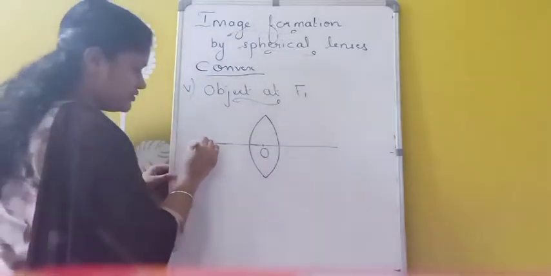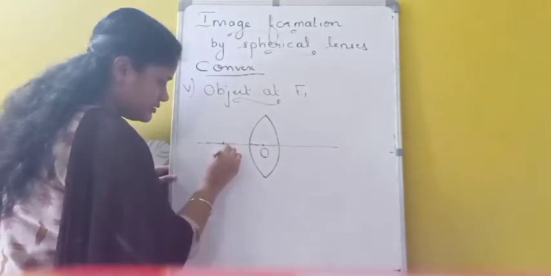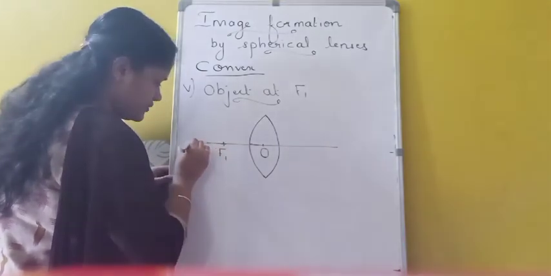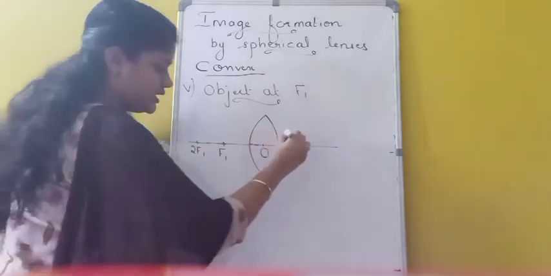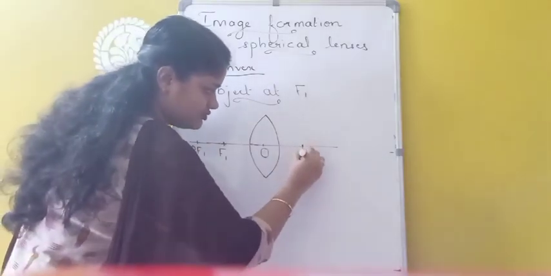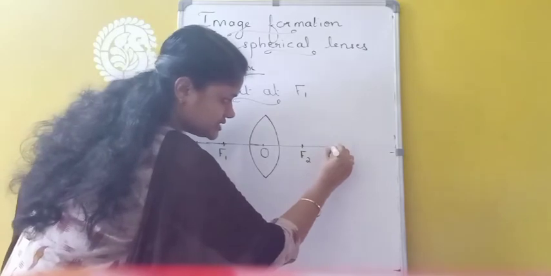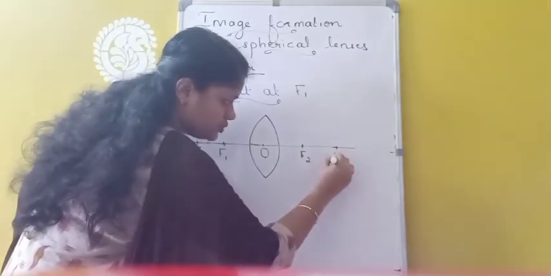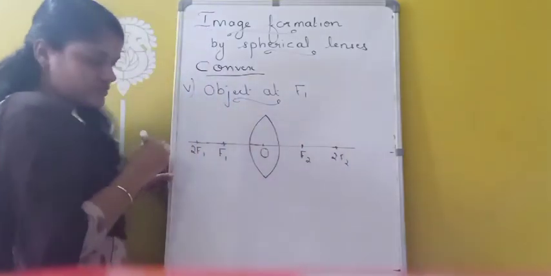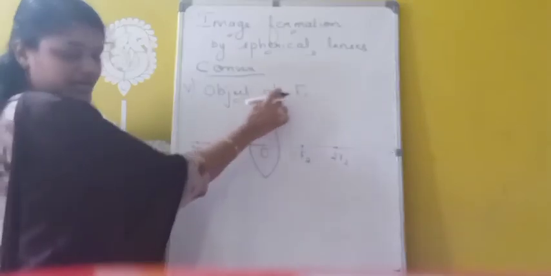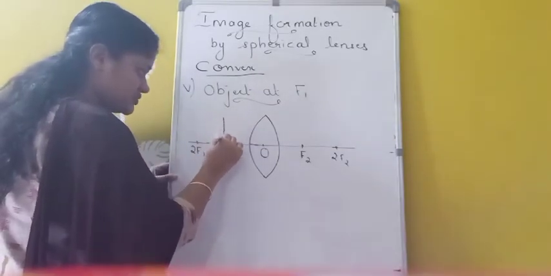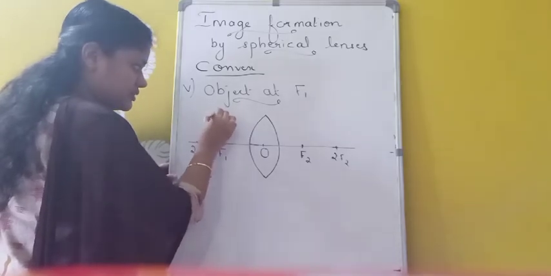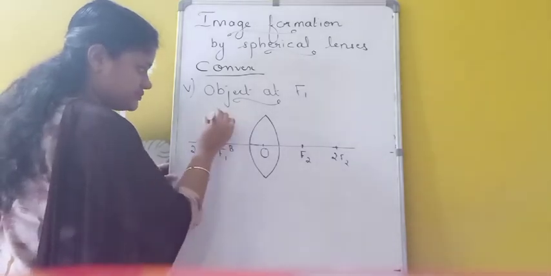Now we can mark focus here, F1, and twice distance we can mark 2F1, and here we have second focus F2, twice distance we can mark 2F2. Okay. So we are considering an object at which point? At focus. So we have to place the object at this point at focus. So this is the object now. So AB is the object.